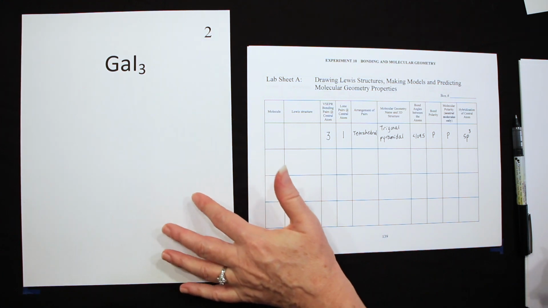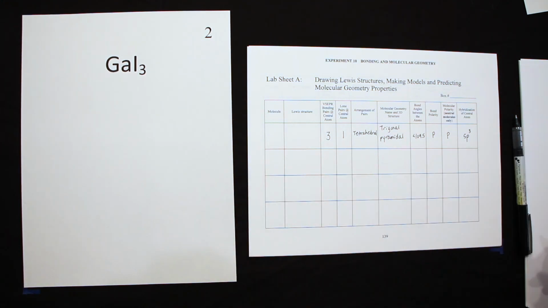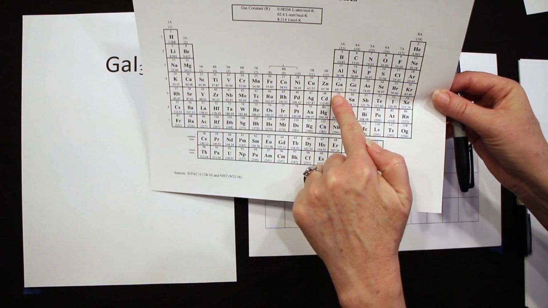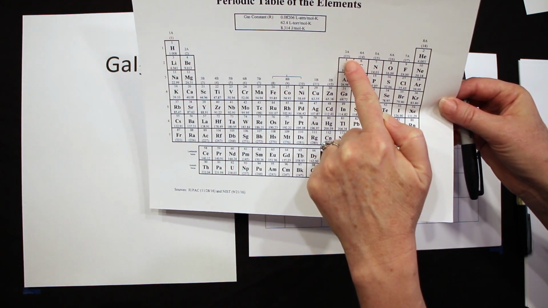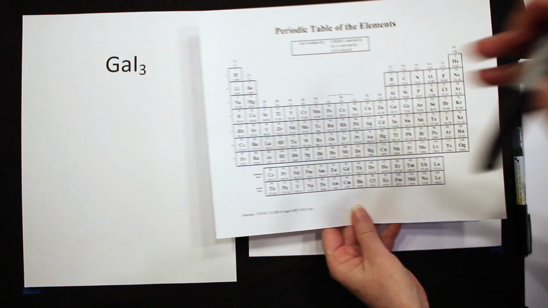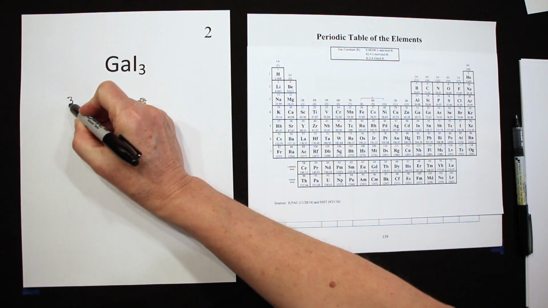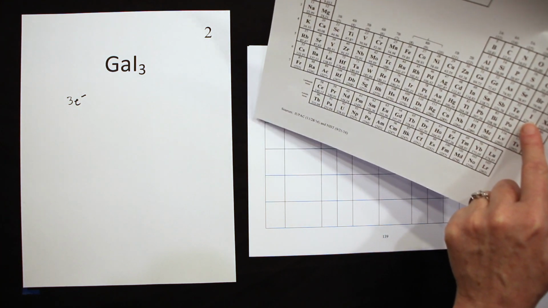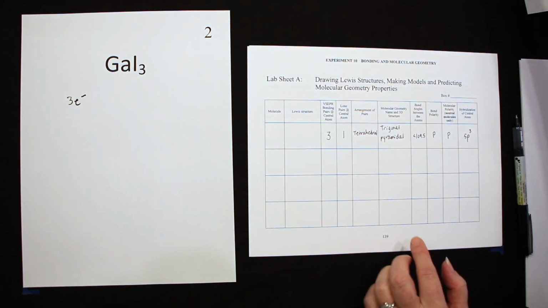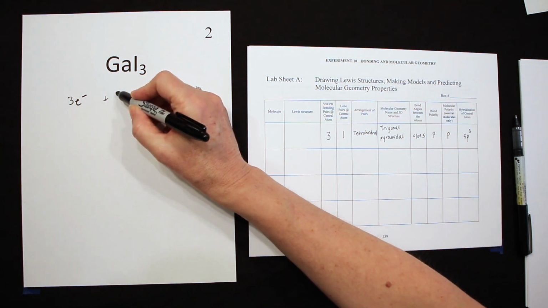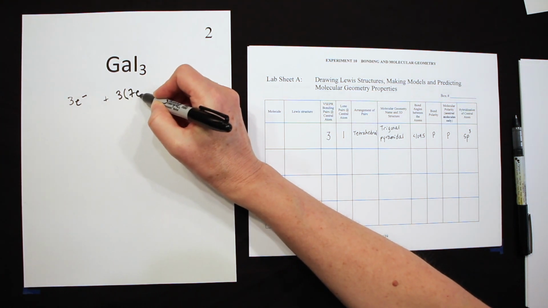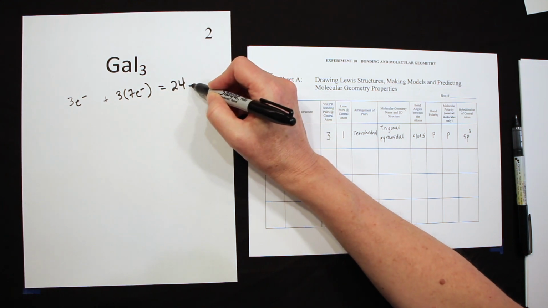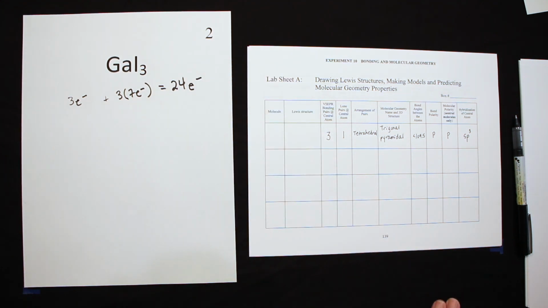And that is gallium iodide. We're going to look at gallium, and that is in group 3. So it has 3 electrons. And iodine has 7. It's in group 7. For a total of 24 electrons.